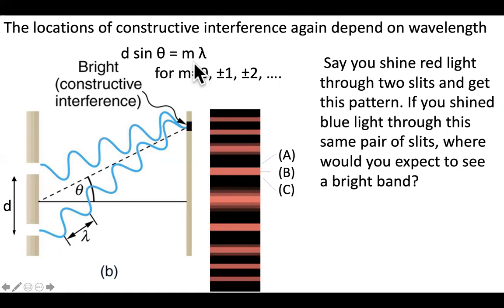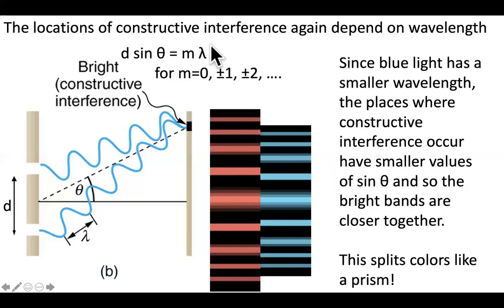The thing is, if we go to blue light like this, the wavelength gets smaller. So to produce constructive interference, you need this thing to be smaller. Sine theta has to be smaller, which means that the separation between these bands has to get tighter.